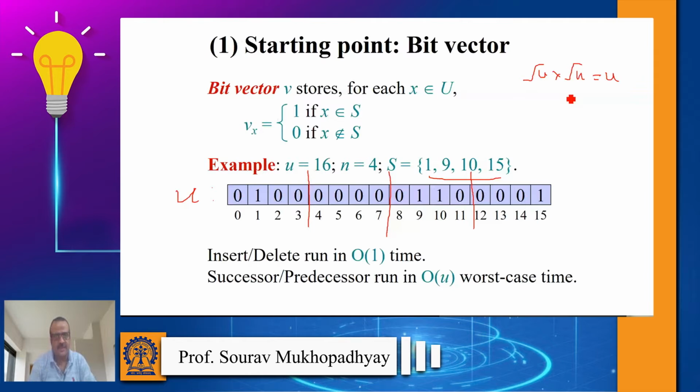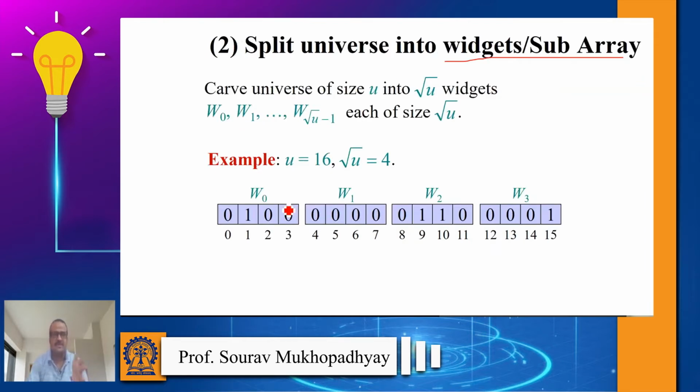So basically this is the first widget. We represent the start as 0 0 because we will do it in binary, from 0 to u minus 1, that's why we have taken that. This is the first block, or first sub array, or first widget.